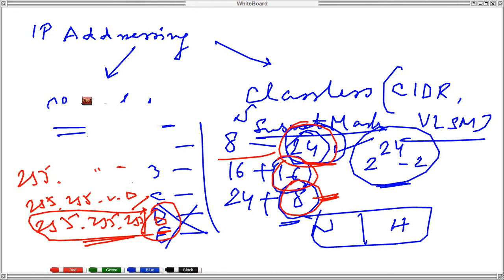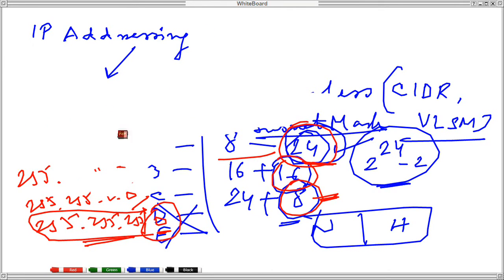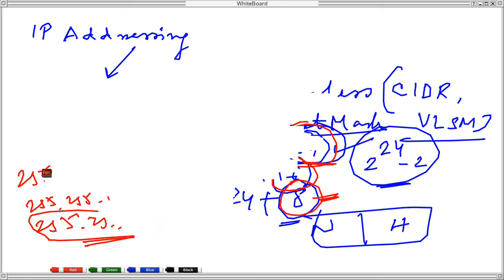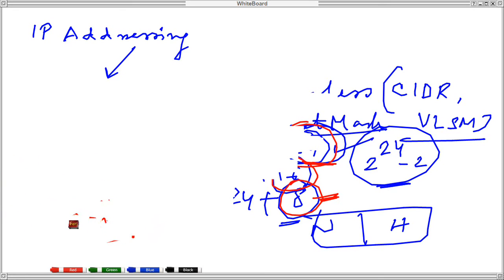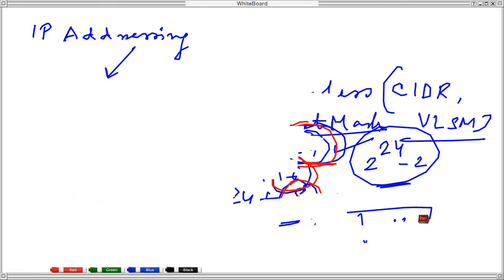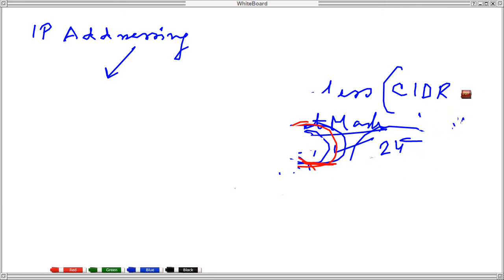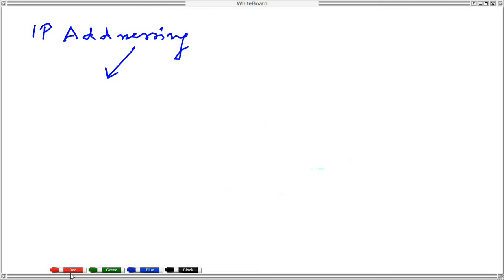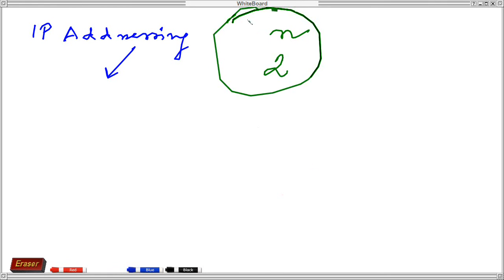Now in classful addressing, that rigidity is there. What is the rigidity? You should take a block size of 24 bits in case of class A, 16 bits in case of class B, and 8 bits in case of class C. There is one more constraint in selecting IP addressing: the block size should be of the order of 2 to the power n.